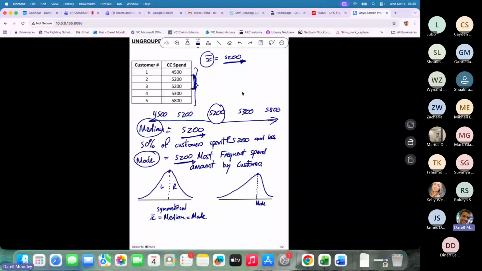The middle value on the left will be your median, and then there is your average. So if your average is the lowest, so it's less than the median, and the median is less than the mode, then it is negatively skewed. Let me rewrite that. Negatively skewed.